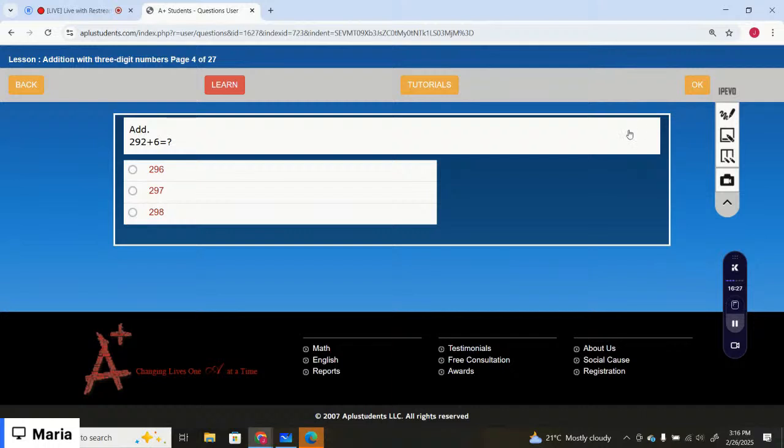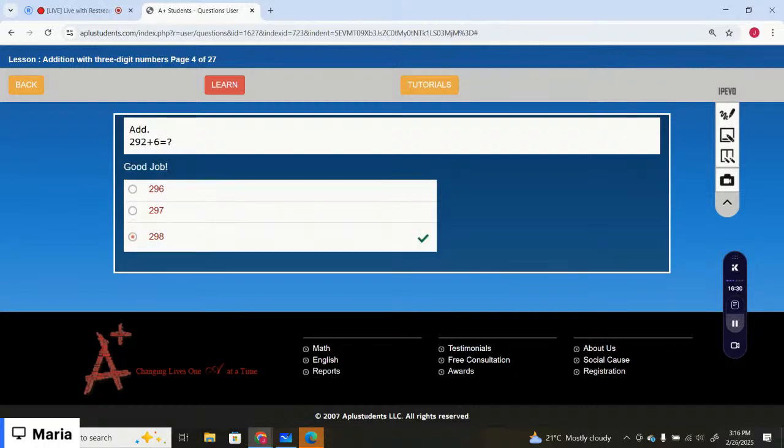Very good. That makes 298. Option number 3 is the correct option.